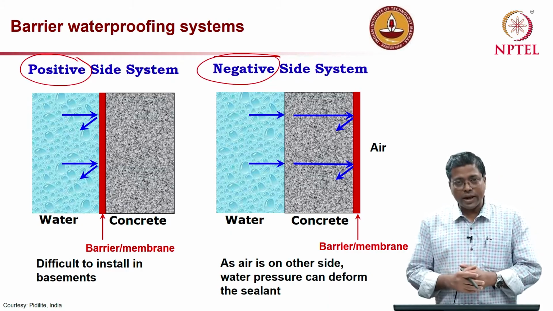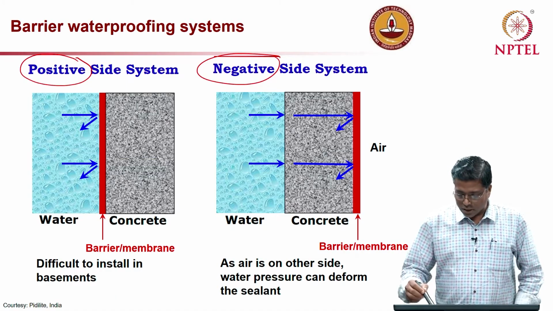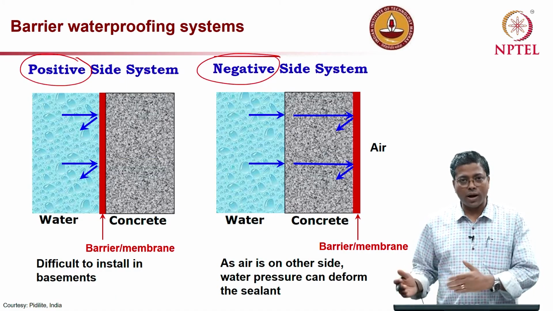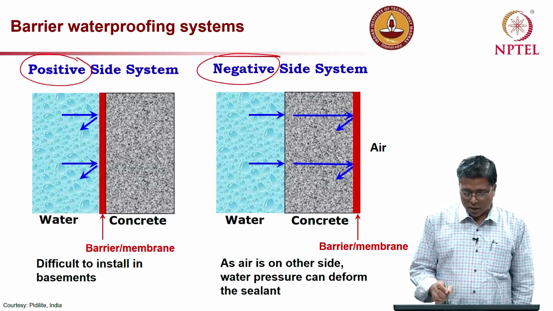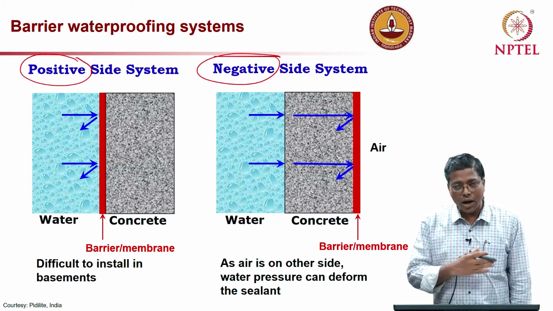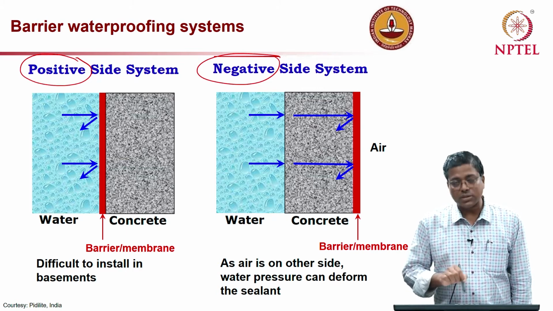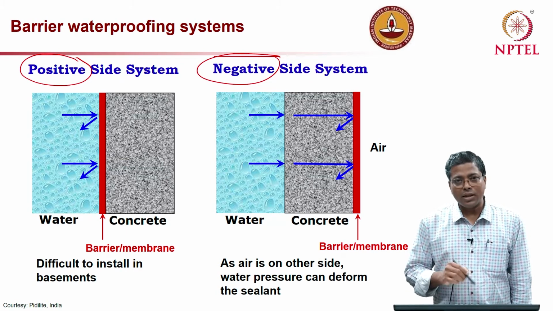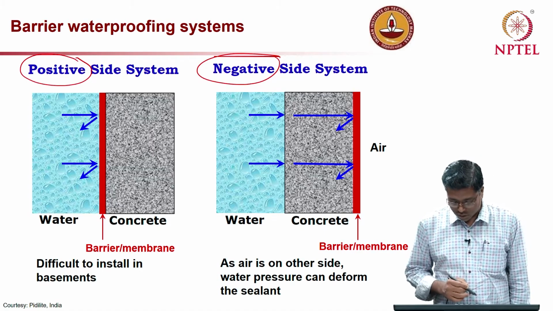But on the negative side system, which is on the right side, you can see that the barrier is actually on one end, on the right end. And so, if the concrete also allows the entry of water, eventually it exerts a pressure on the barrier and the barrier could get peeled off, or blistering, which we usually call.